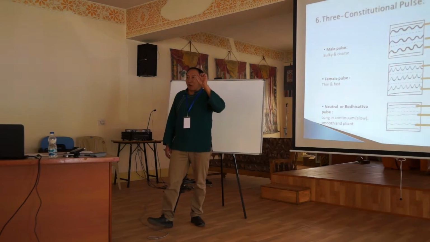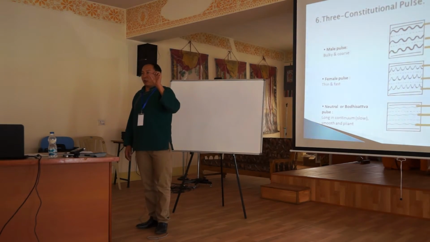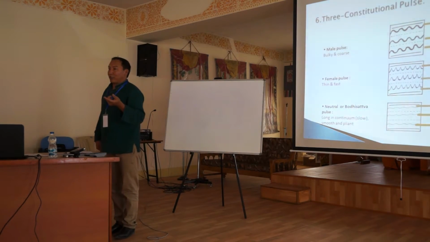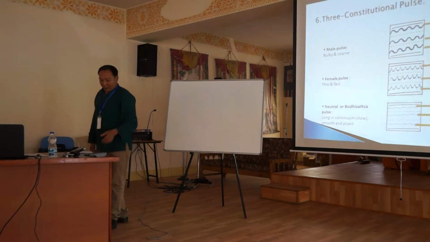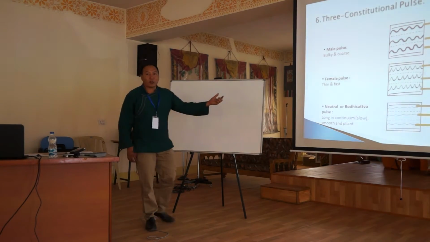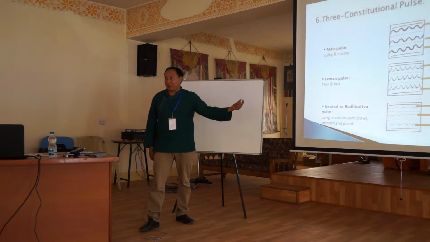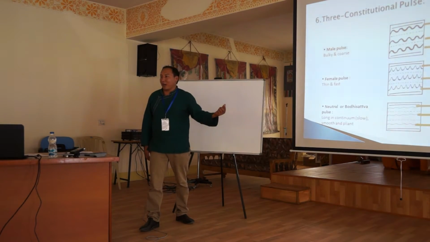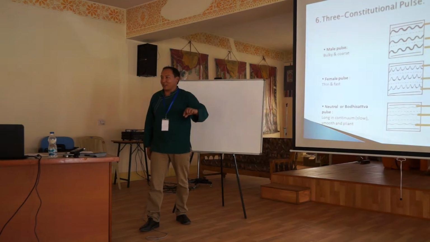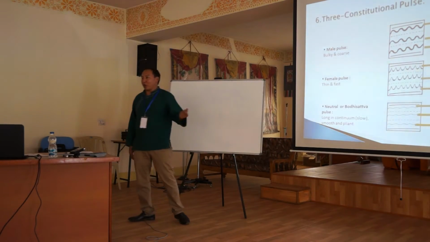If both of the couple have the female pulse characteristic, then they will have more girl children, right? If both of the couple have the neutral pulse, they will have only one child. There is no saying whether the child will be a boy or a girl, but they will have only one child.